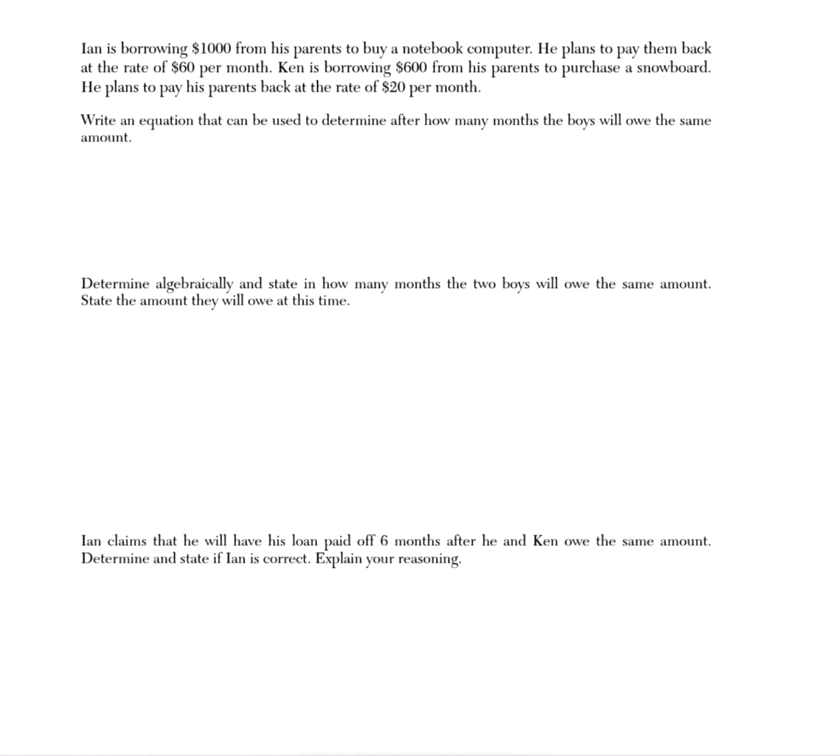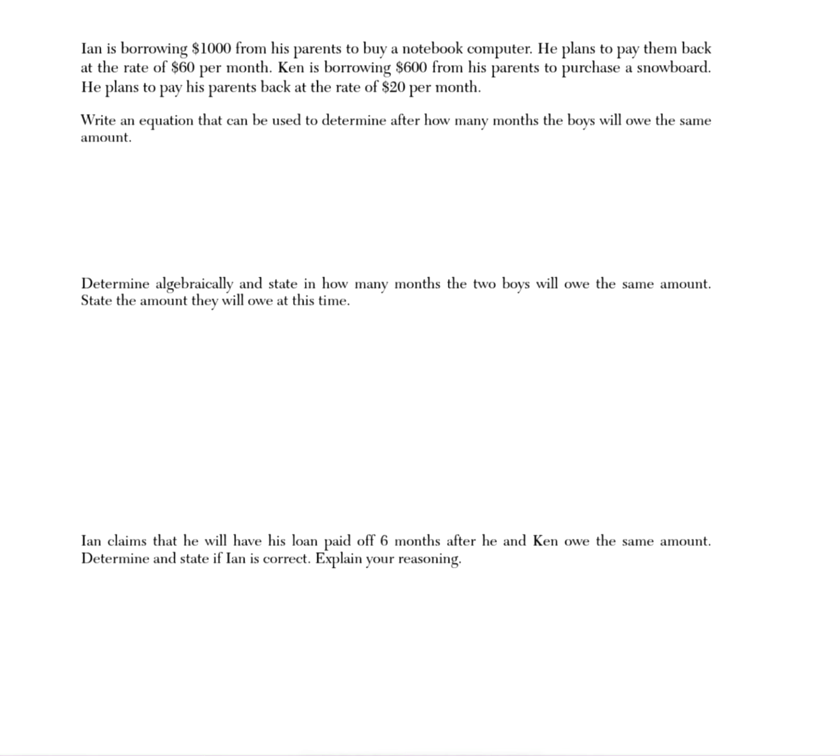So let's take a look at, there's two different things happening here. Ian is borrowing money from his parents, and Ken is borrowing money from his parents. So let's first take a look at Ian. Ian is borrowing $1,000 from his parents to buy a notebook computer.